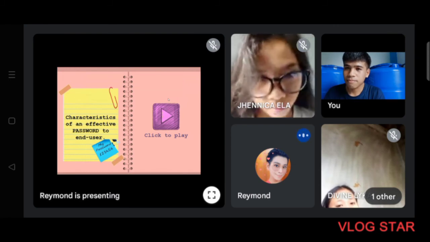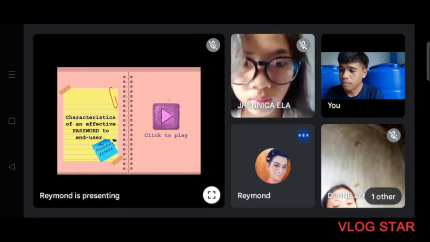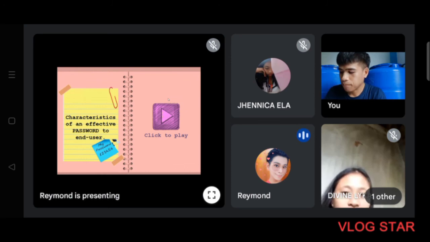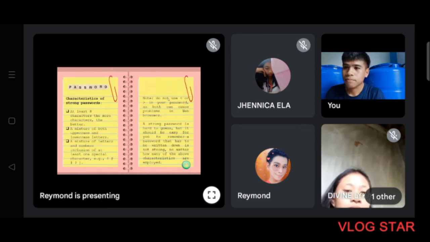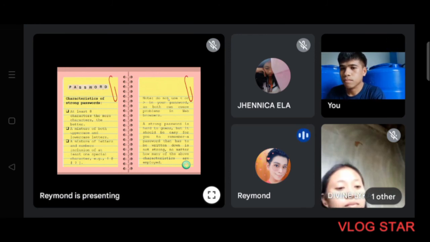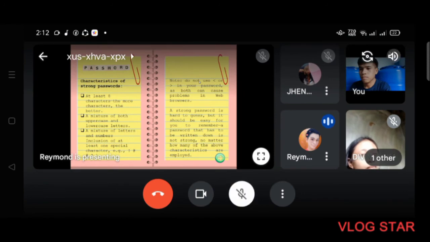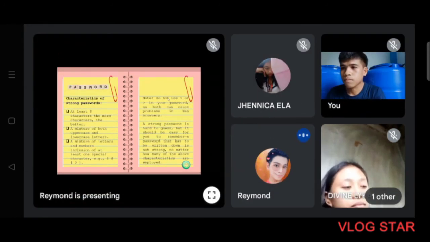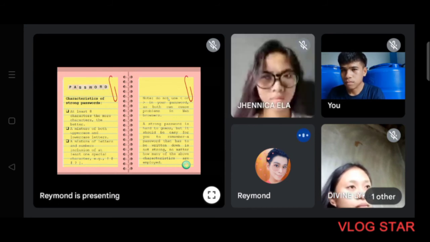Thank you so much. So, the characteristics of an effective password for the end user. Characteristics of a strong password: at least 8 characters, the more characters the better; a mixture of both uppercase and lowercase letters; a mixture of letters and numbers; and inclusion of at least one special character, such as an exclamation mark, at sign, number sign, question mark, or square brackets.